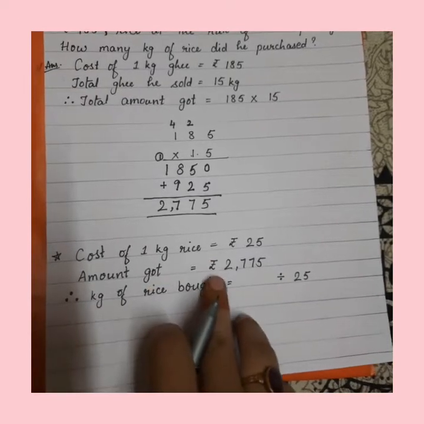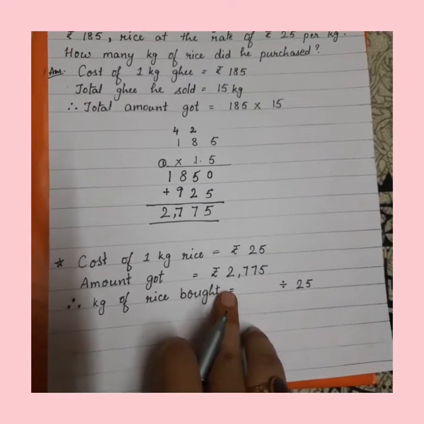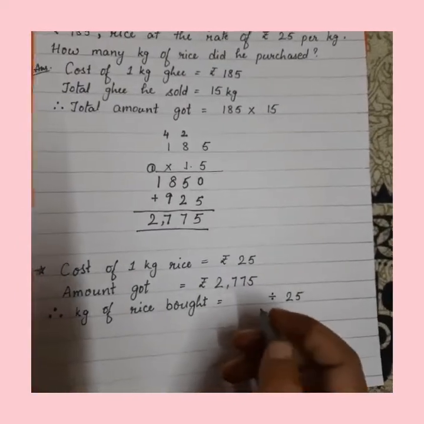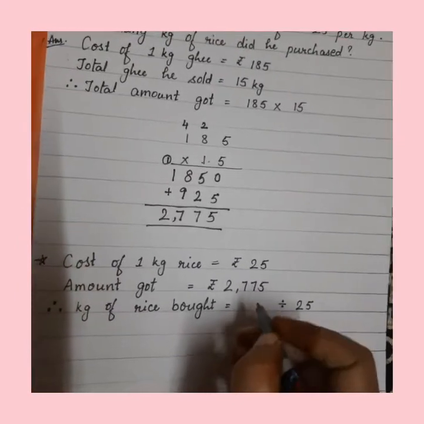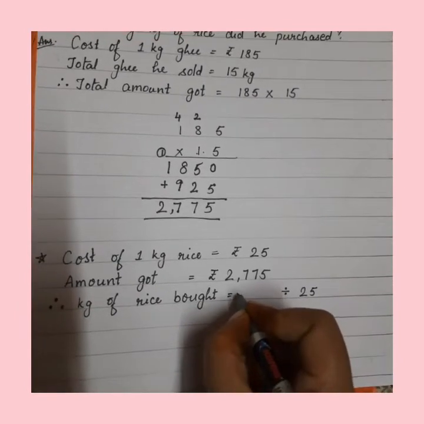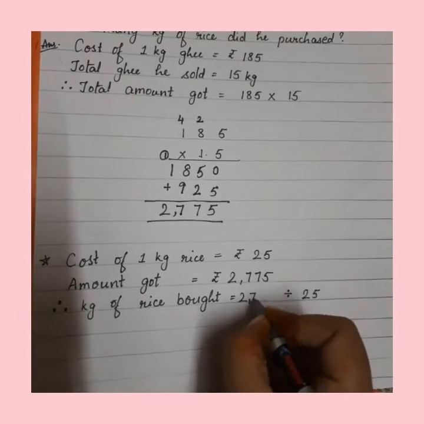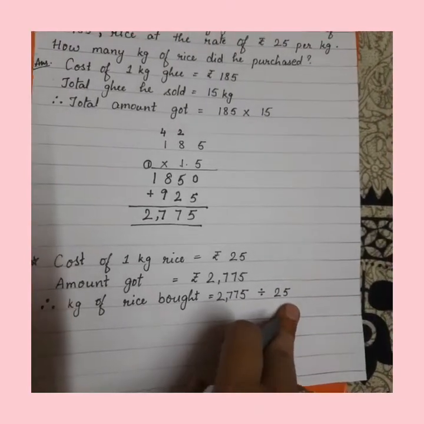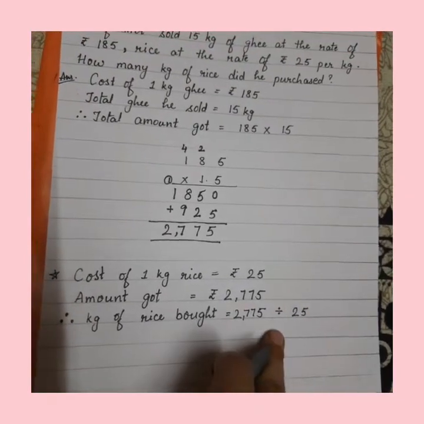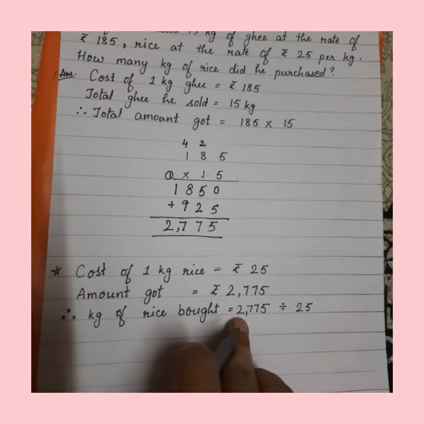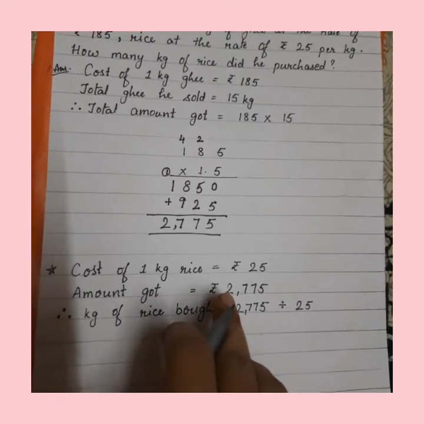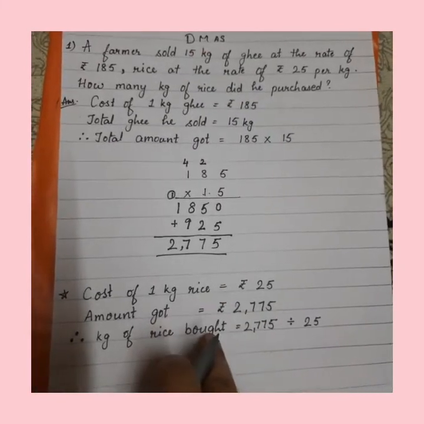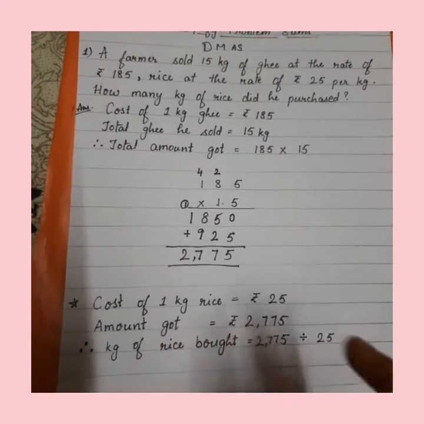Therefore kg of rice the farmer can obtain is found by dividing the total amount, that is 2775, by 25. By doing this, whatever the quotient we will get, that much kg of rice the farmer can buy. Okay, so let's do the division part.